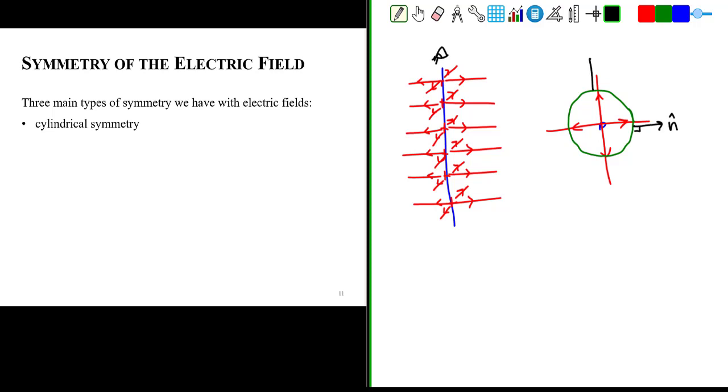So no matter where you are on the surface of the cylinder, the electric field at that point is going to be normal to the surface of the cylinder.